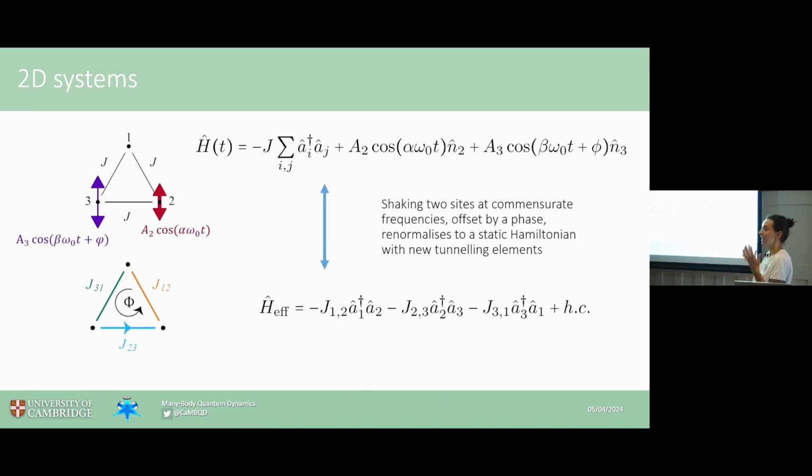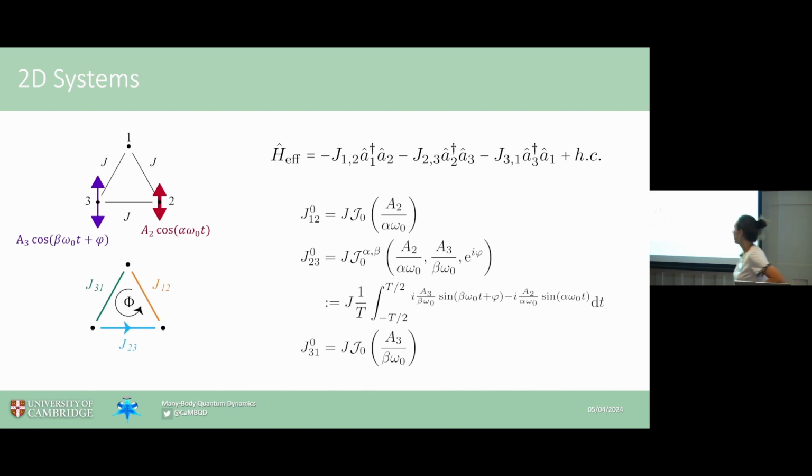We wanted to look at, under this toy model, what sort of control we have over the three renormalized tunnelings, and also the flux that pierces this plaquette. Firstly, looking explicitly at the renormalized tunnelings that we get in the high frequency expansion: between site 1 and site 2, we just have this normal Bessel function, because the relative shape between these two neighboring sites is just a cosine function, and the same thing between site 1 and site 3.